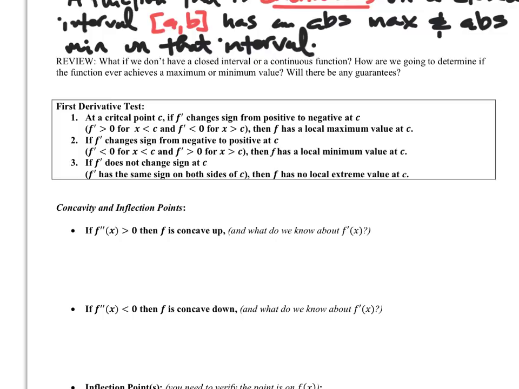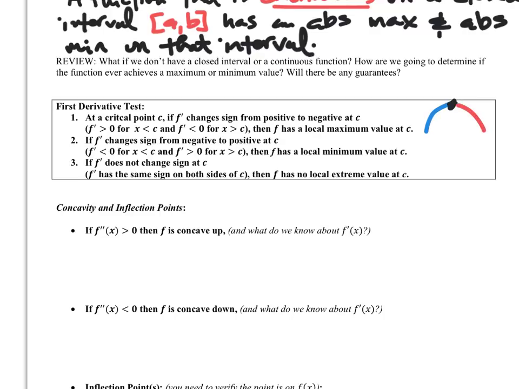So the first derivative test, this is review, just tells us that at a critical point, if f changes from a positive to a negative slope, so if f is increasing up to a certain point and then its derivative changes, that's a max.